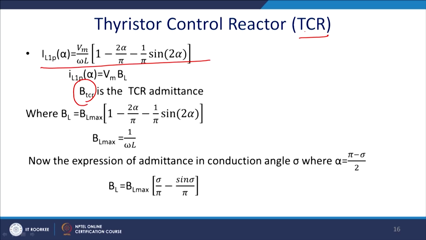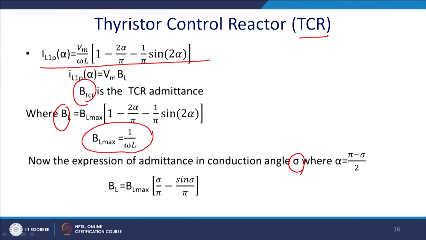So, we can see that it can also be expressed in terms of the firing angle alpha, where B_L will be given by B_L max into (1 minus 2 alpha by pi), where the maximum value will be given by omega into X_L, and otherwise this value will change.